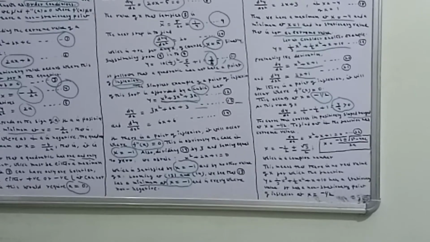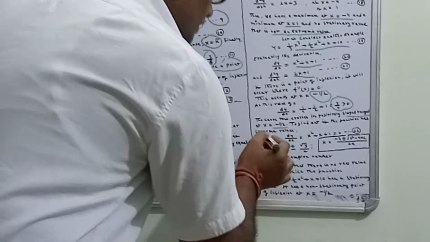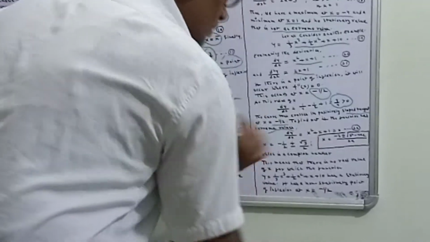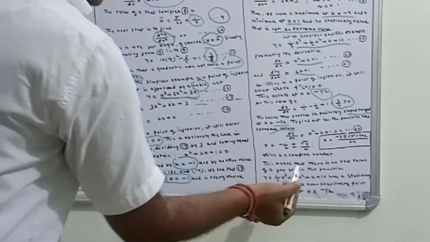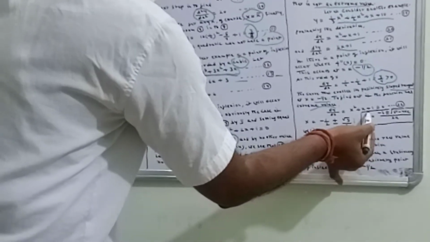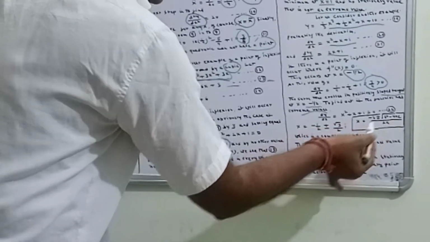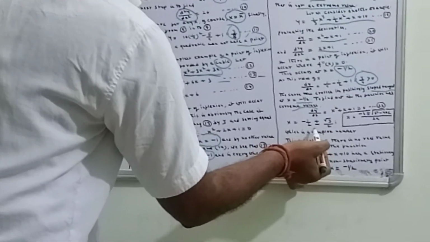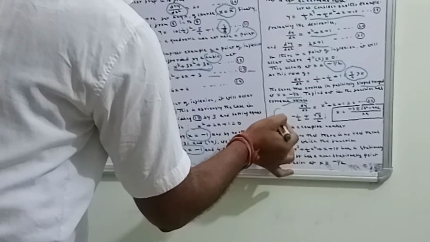To find out if the function has an extreme value, we will have to solve dy by dx equal to x squared plus x plus 1 equal to 0.